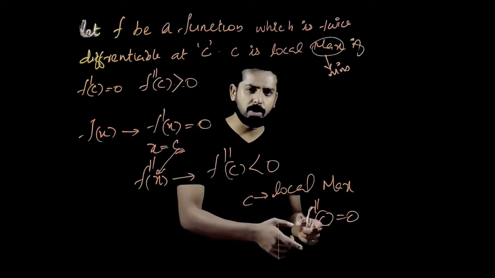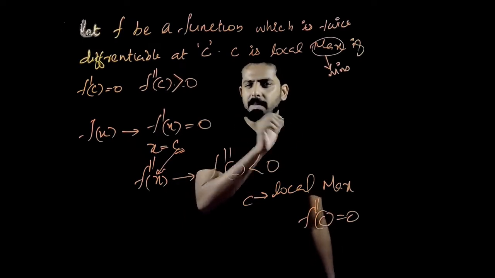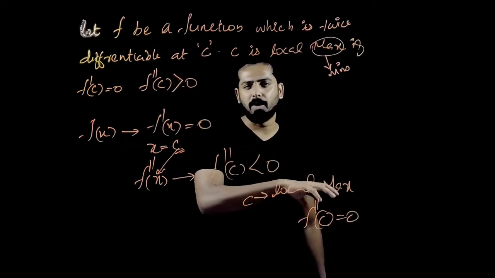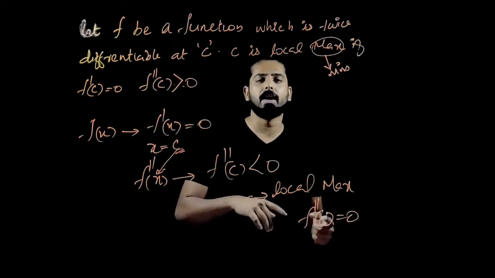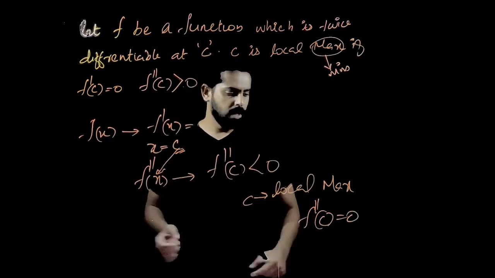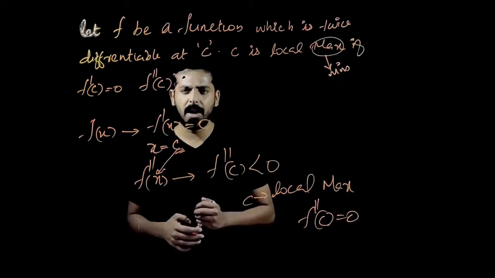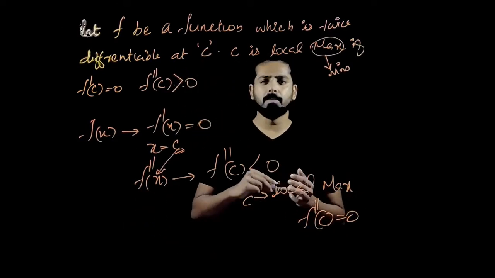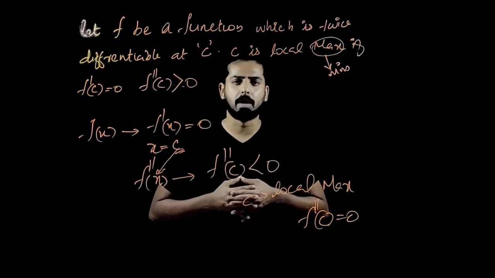Then this point c may be a point of inflection, but you can't find that in this method. You have to find it using the first derivative method when f dash of c is equal to 0. Now let's do some problems on local maxima and local minima.